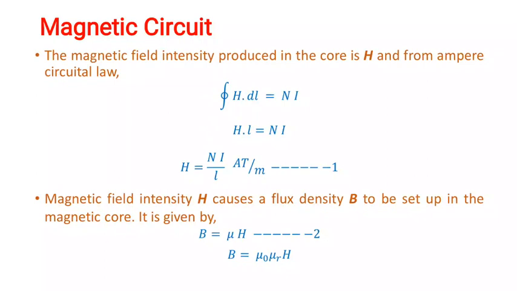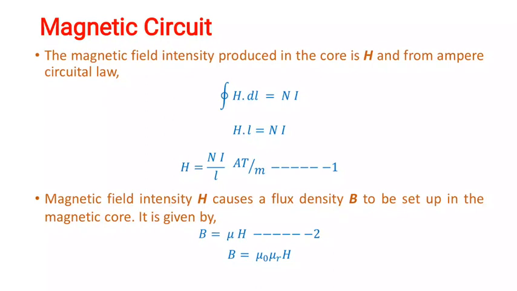For a closed path, the integral of H dl is equal to the number of turns times the current flowing through that turn. Now deriving H: the field intensity depends upon the number of turns and the current flowing through that turn, divided by L. L is the length of that core.